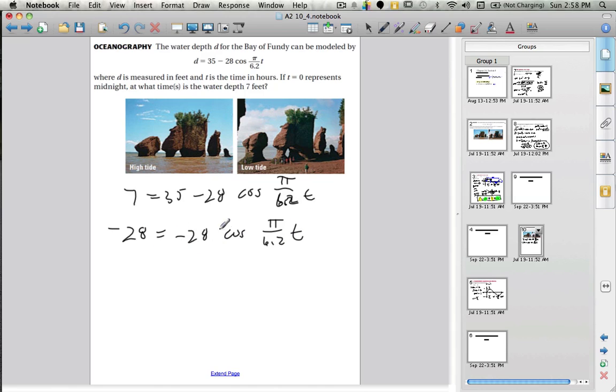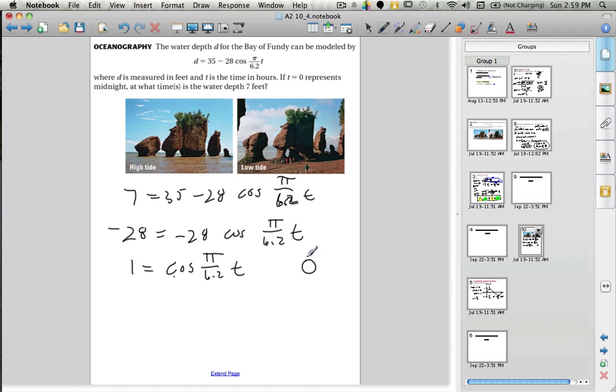Then when I divide both sides by negative 28, I'll get 1 is equal to cosine pi over 6.2 t. Now what's awkward at this moment is this cosine. So then my question is, when is cosine of an angle equal to 1? That's what I have. I have cosine of this angle is equal to 1. So what does this angle have to equal?